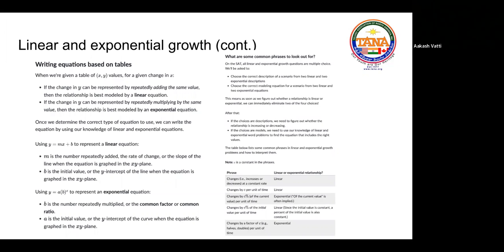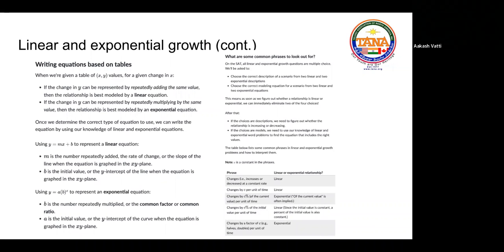On the other hand, for exponential equations, if the change in y can be represented by repeatedly multiplying by the same value, then the relationship is best modeled by an exponential equation. So instead of adding the same number, you're multiplying by a certain number. It doesn't really matter what number. That's when you have exponential versus linear.